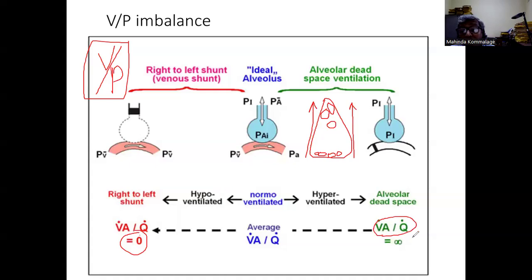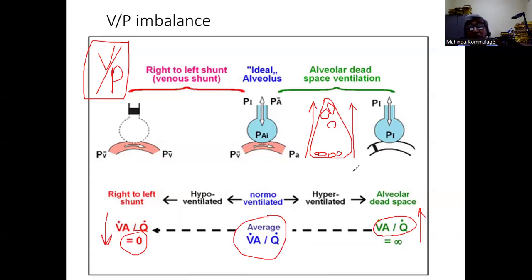So here the VQ ratio is very high, here the VQ ratio is very low. Both are not good. You can understand this one is not good because of poor perfusion. This one is not good because of poor ventilation. So the value should be average, ideal. Ventilation perfusion ratio should be ideal. Right?